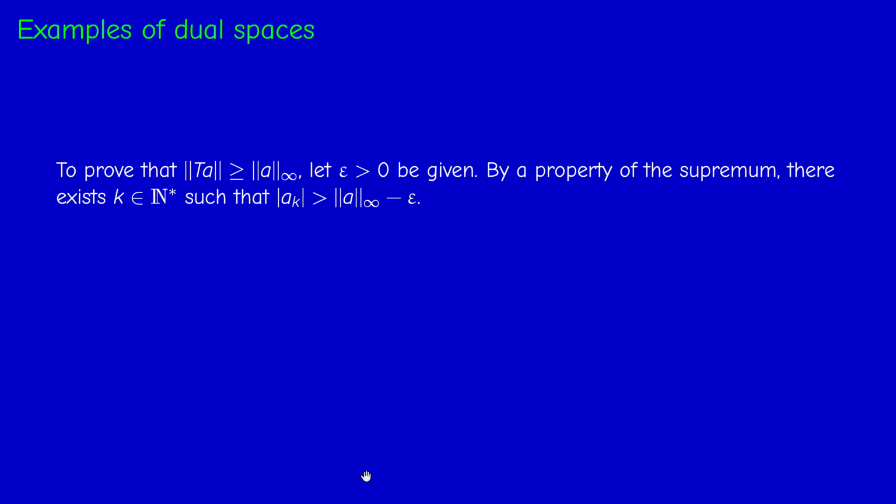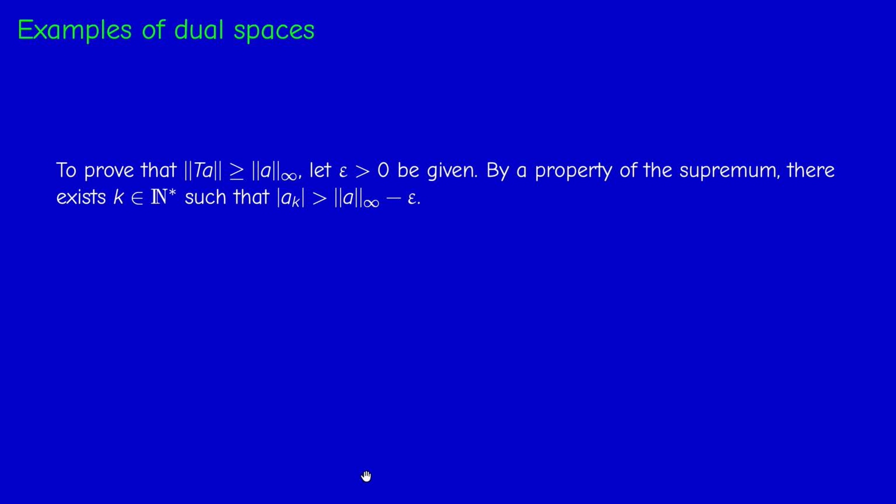Now for the reverse inequality, we use a familiar trick to prove that the norm of T_A is bigger than the norm of A infinity. It's enough to prove that the norm of T_A is bigger than the norm of A infinity minus epsilon for every epsilon. So we pick an arbitrary positive number, epsilon.